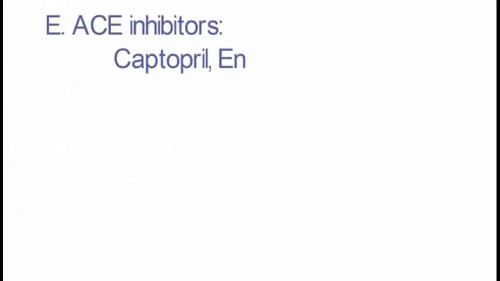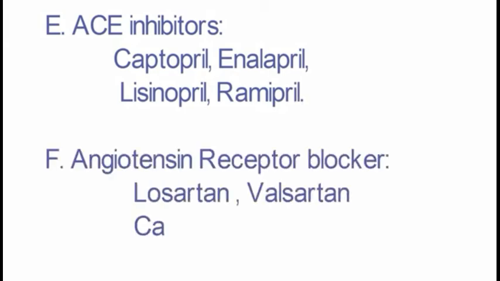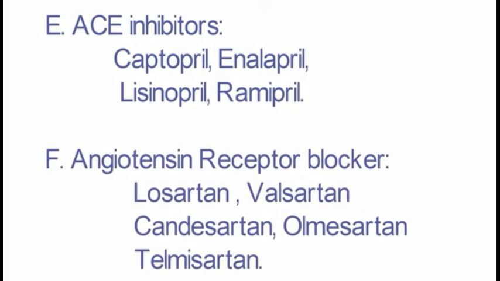The words that end with sartan are angiotensin 2 receptor antagonists, and the words ending with pril are ACE inhibitors. These are tricks for understanding the drugs, and also for remembering the drug names and their classes.